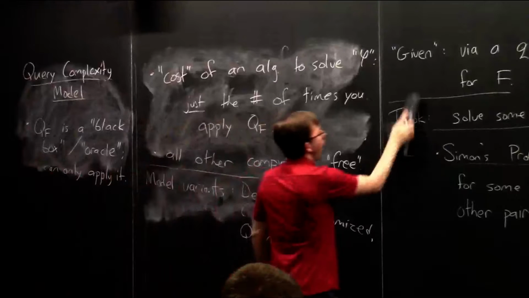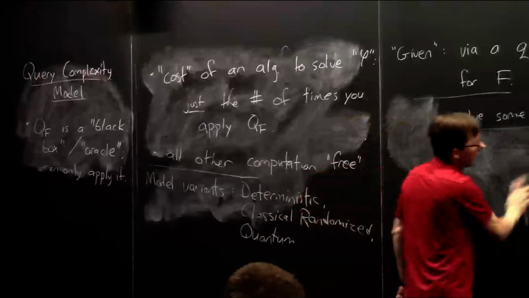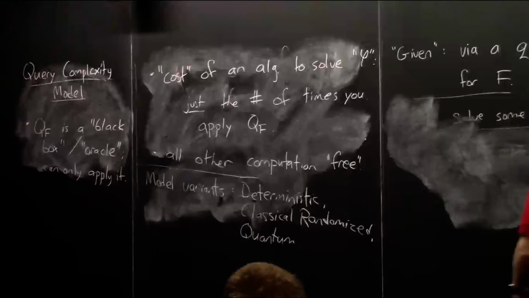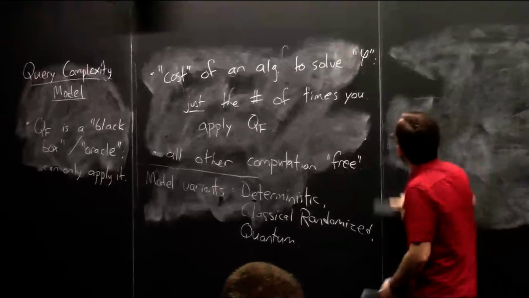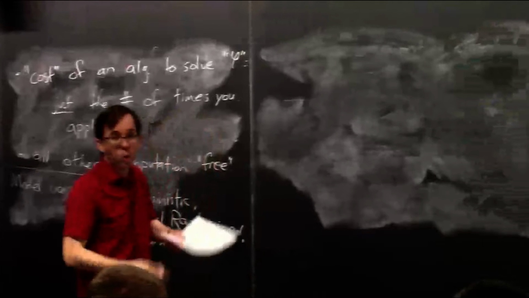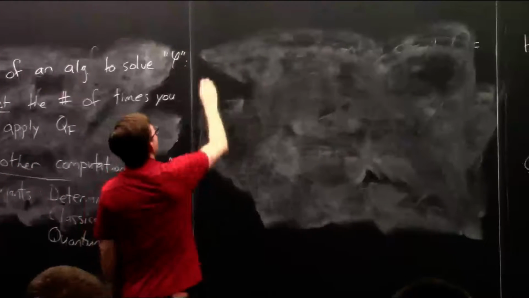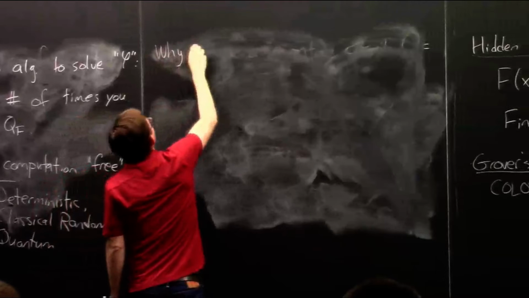OK, so this is a new model for computation, or at least a new way of measuring the cost or efficiency of an algorithm, only charging for essentially how many times you query the input data. So one might ask, why study this model?